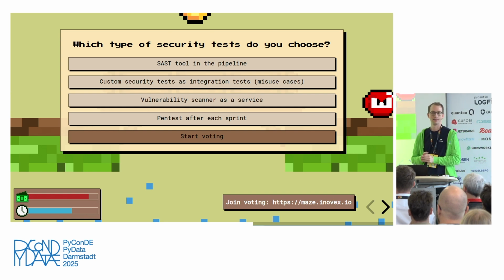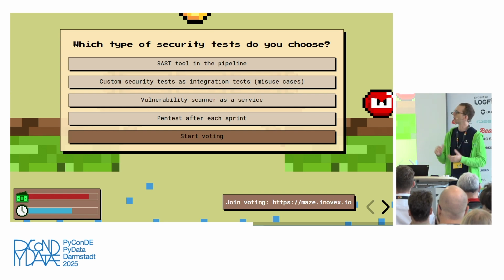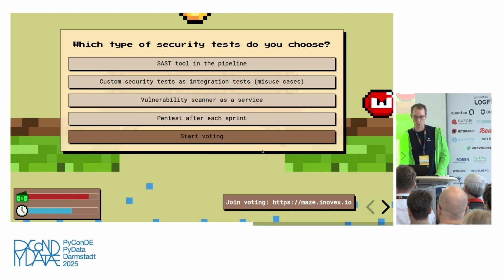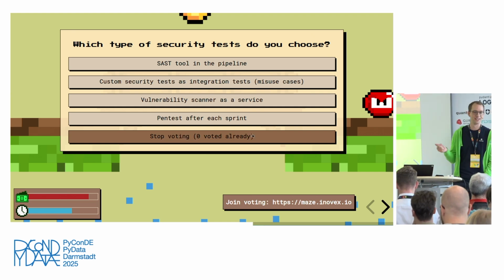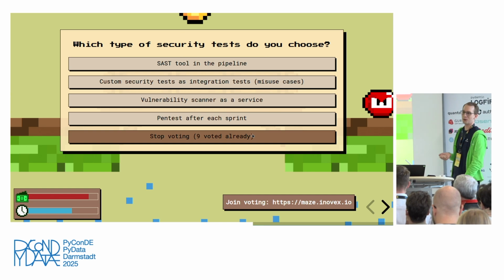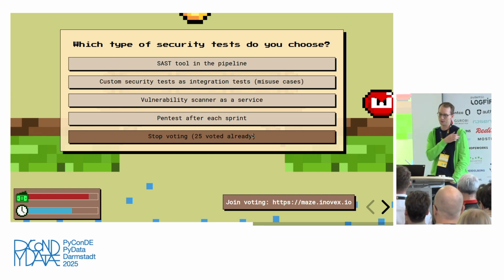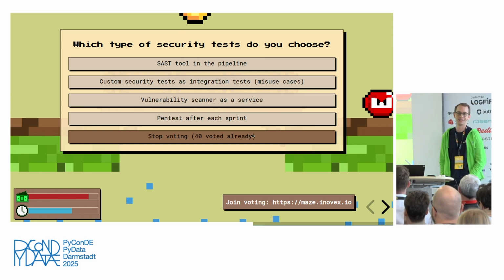Do you want to buy the vulnerability scanner now, a cloud service that checks your application during runtime? Or do you want to do a pen test, an entire pen test after each sprint? What do you want to do? How do you want to test for security in your project?